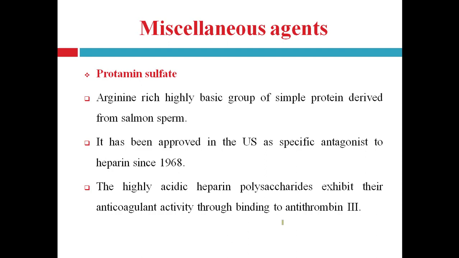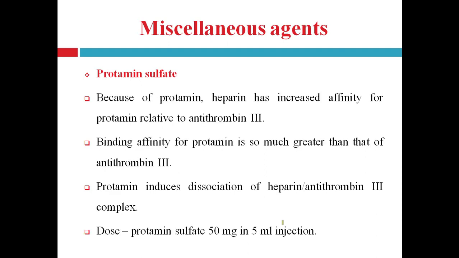The highly acidic heparin polysaccharides exhibit their anticoagulant activity through binding to antithrombin 3. And protamine inhibits the binding of heparin to antithrombin 3 and inhibits the anticoagulant activity, because heparin has increased affinity for protamine relative to antithrombin 3.